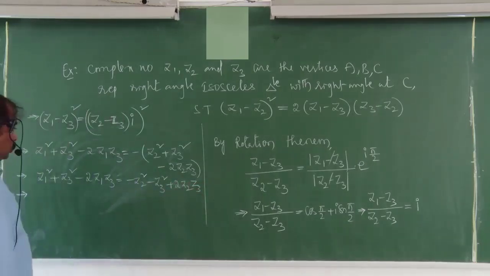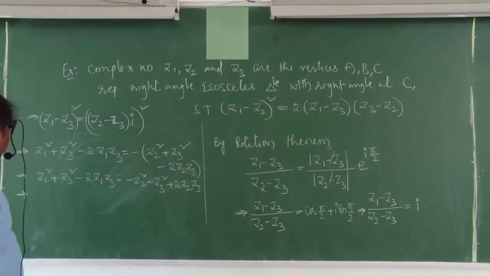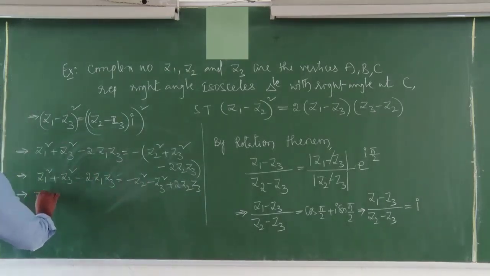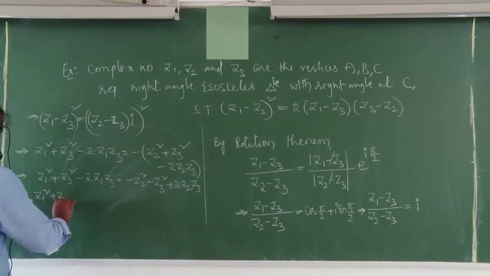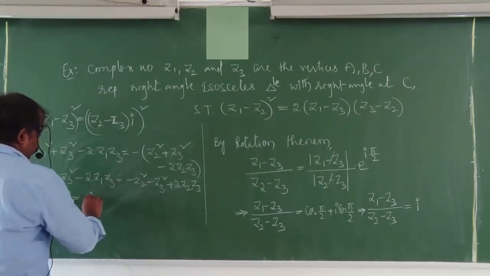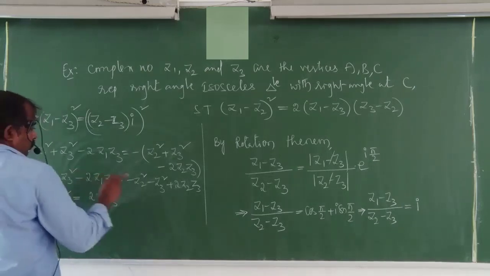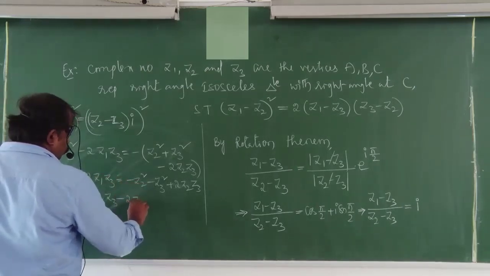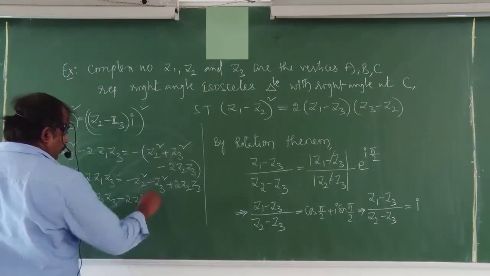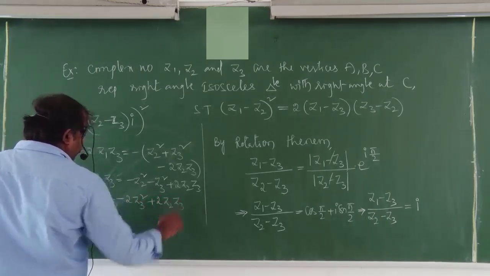Now bring the minus Z2 square to this side, and bring all these values to that side. Then I get Z1 square plus Z2 square equals plus 2 Z1 Z3, minus 2 Z3 square, plus 2 Z2 Z3.